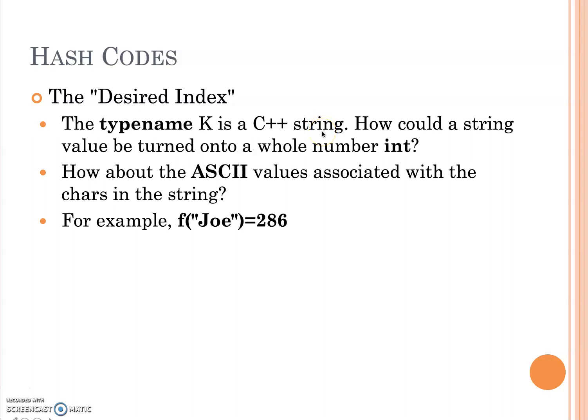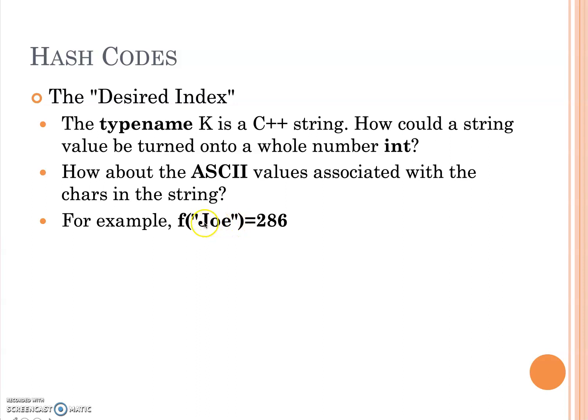Like my phone book, I want to find my friend, Joe. So I pass in the key. But can I convert this key, the string data type, into an int?